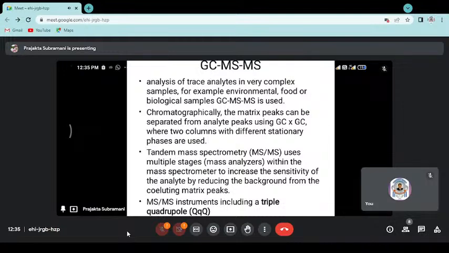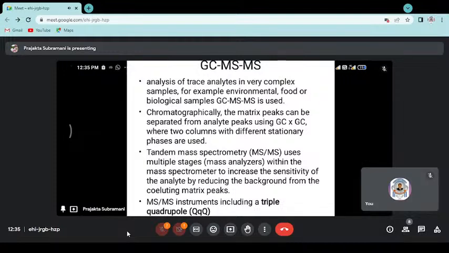Then in tandem mass spectrometry, they use multiple stages within the mass spectrometer. So two mass spectrometers are coupled here, so it is called tandem mass spectrometry.